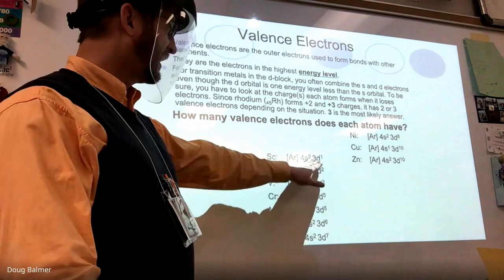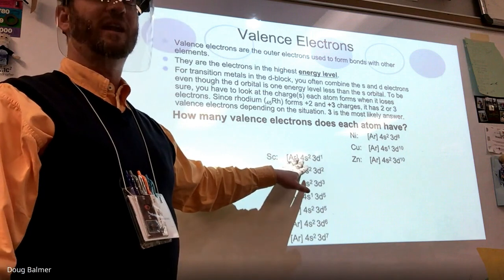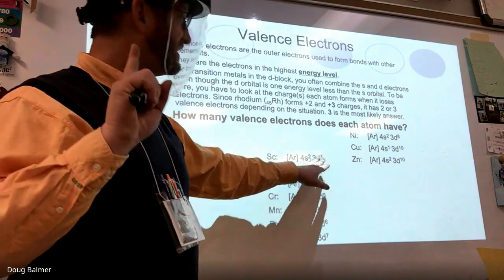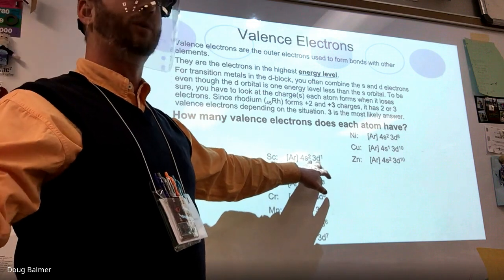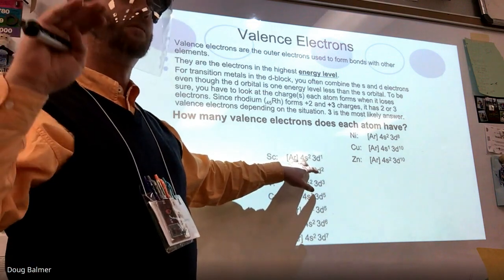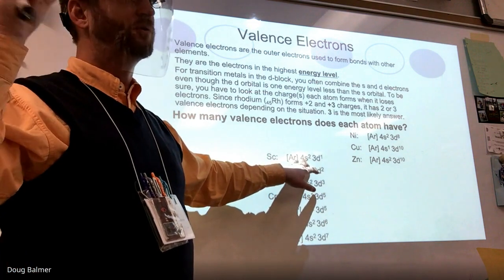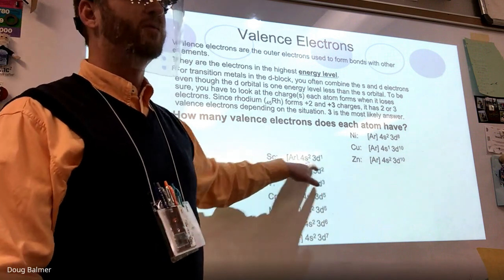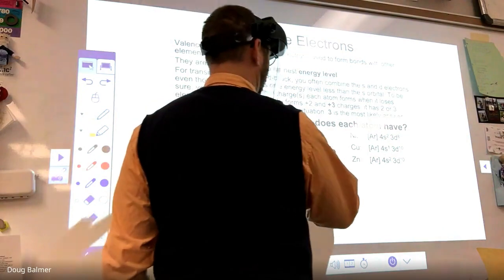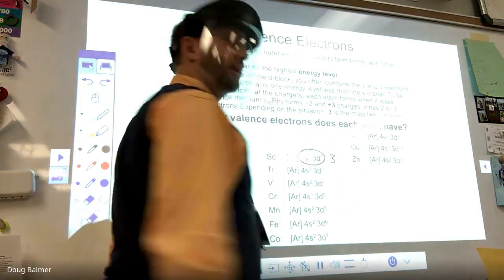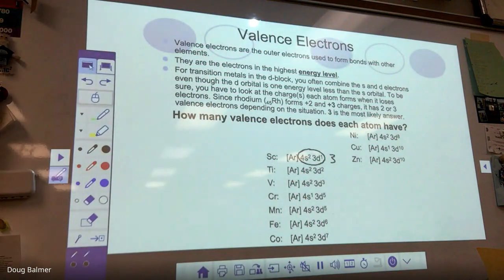I realize energy level 3 is less than energy level 4, but because it's a d orbital, that's a super high energy level 3, and s is a super low energy level 4. So when you really compare them, they're almost the same. That's why the d's kind of act weird. We'll lump them together. That would be 3 valence electrons. I know it kind of breaks the rule, but that's just how the d's behave.